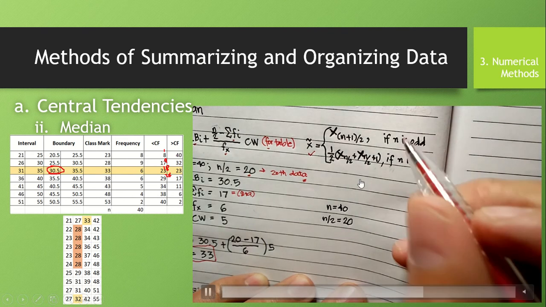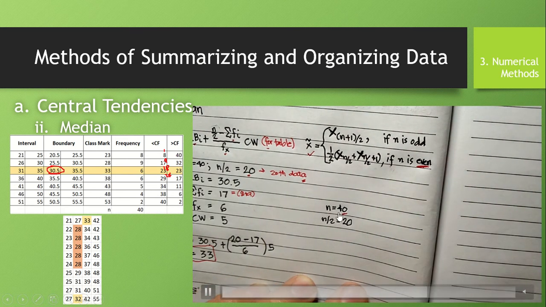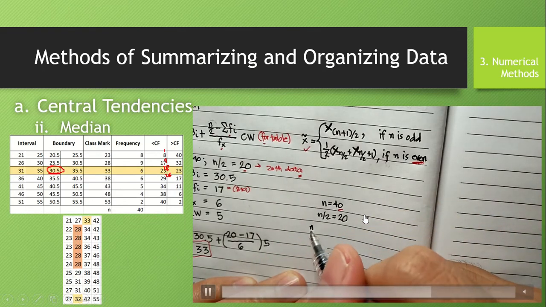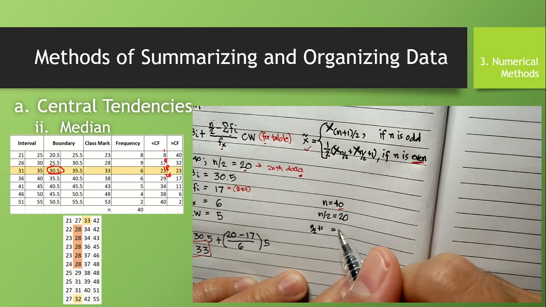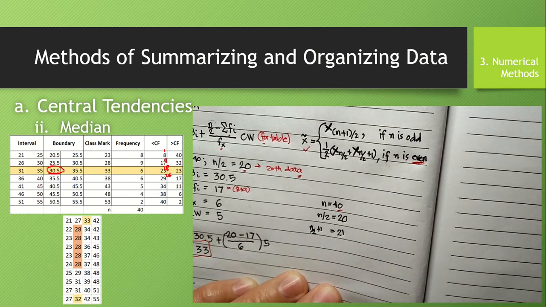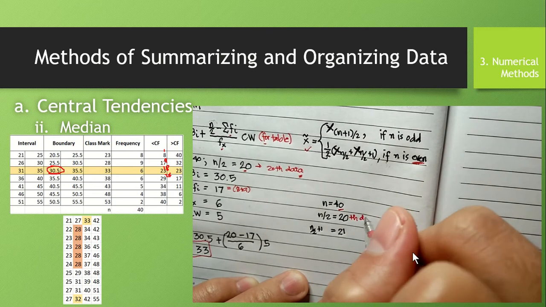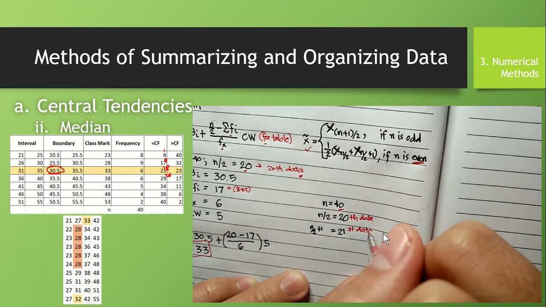So n over 2 is 20, therefore n over 2 plus 1 will be equal to 21. This means that the median is located in between the 20th and the 21st data.